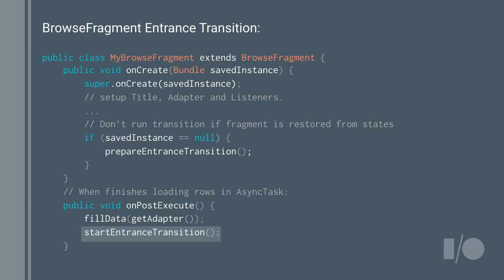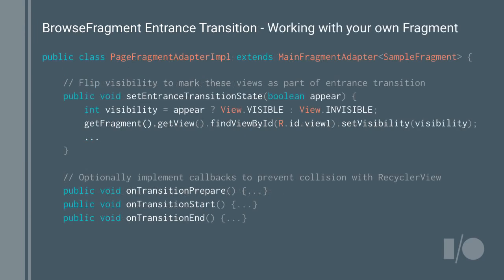If you are just using classical browse fragment, displaying a list of rows, all you need to know is prepare entrance transition and start entrance transition calls. But what if your app has your own custom fragment? To make your custom fragment part of the entrance transition, you need to implement this method inside the main fragment adapter.